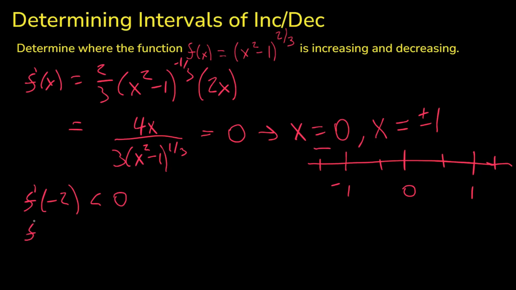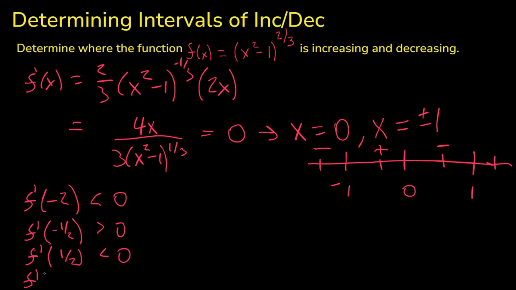Then we pick a number between -1 and 0, like -1/2, and the derivative is going to be positive for that value, so we know that the function is going to be increasing there. Then we pick a value between 0 and 1, so 1/2, and we know that the derivative is negative there. So the function is going to be decreasing on that interval.